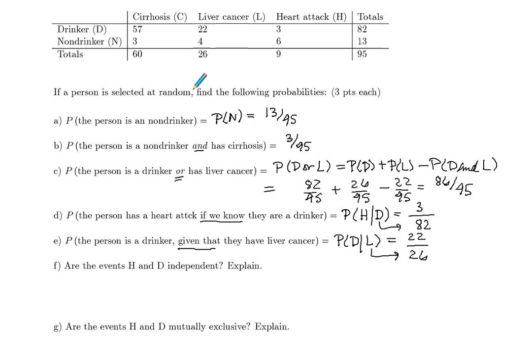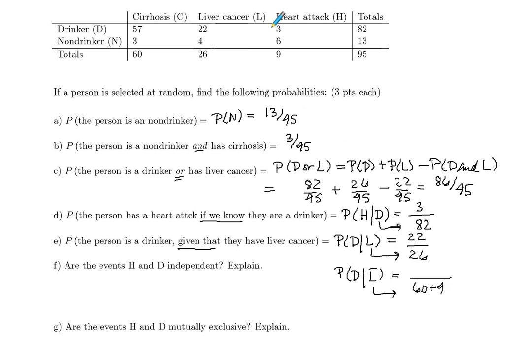So that's conditional probability. Now, I could ask things like, what's the probability the person's a drinker given that they did not have liver cancer? So that's saying what's the probability the person was a drinker given not L? What would that be? Well, not L restricts your denominator, so they're not in this column. So that means they either had cirrhosis or they had a heart attack if they're in this study. So that's 60 plus 9 would be your denominator.